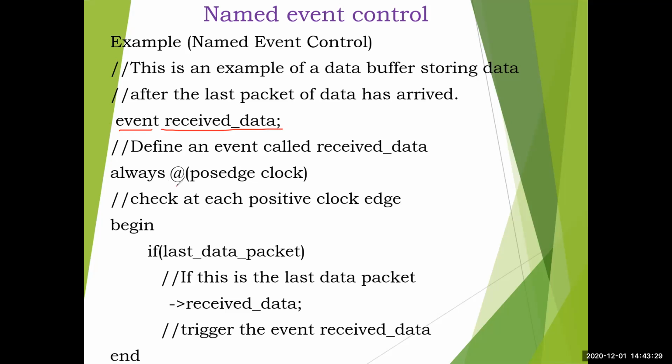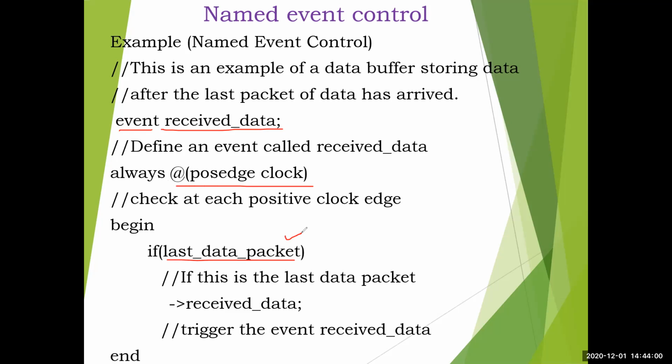Next, always @(posedge clock). This is the block of behavioral modeling, meaning you have to check at every positive clock edge. Begin, if last data packet. As I told you, we are receiving 4 MB of data in a real-time application. The packets may be 1 MB, 2 MB, 3 MB, 4 MB, or the last one may be less than 4 MB, or exactly the same. So if it has received the last data packet, this is the condition we are checking.